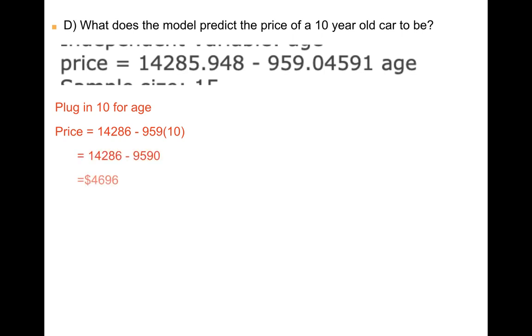And I plug it in and I calculate it, and you can see I get a value of $4,696. Okay, so it's getting older, so the value is going down. It started at 14,000 and it went all the way down to $4,696. How did I get that? I simply plugged in 10 for age.